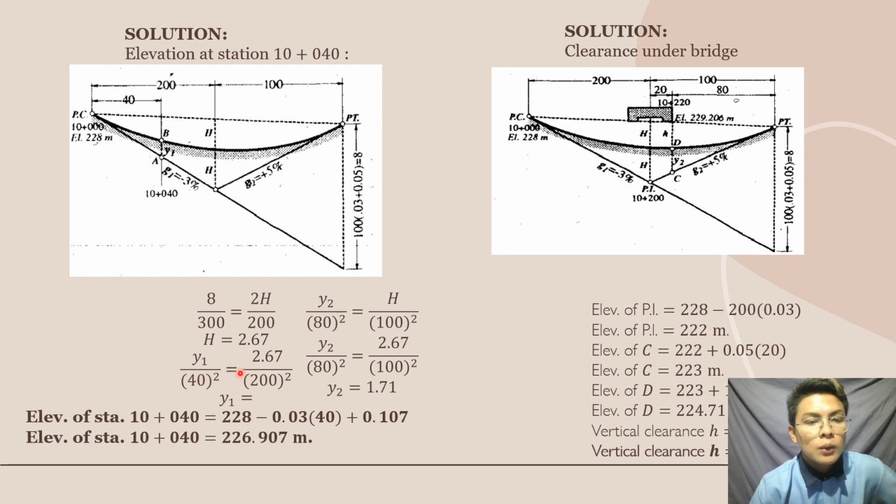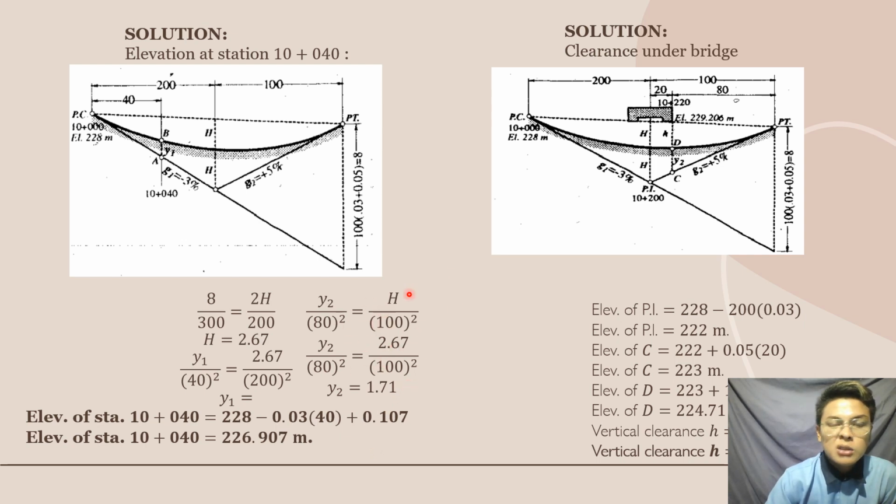To get our y1, we use the formula y1 divided by 40 squared is equal to our h, 2.67, divided by 200 squared. Our y1 is equal to 0.107. Sorry, I forgot to write it. And our y2 is equal to 1.71.